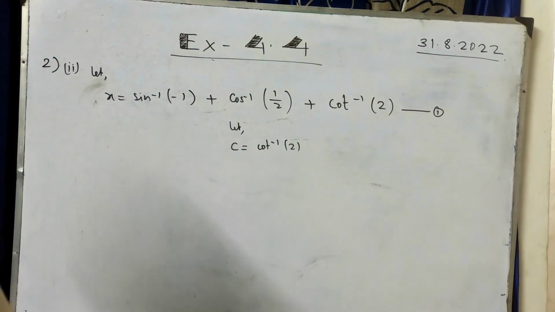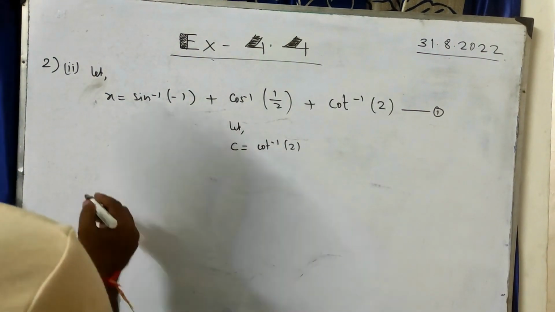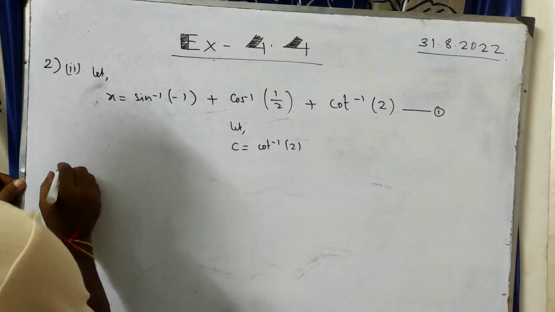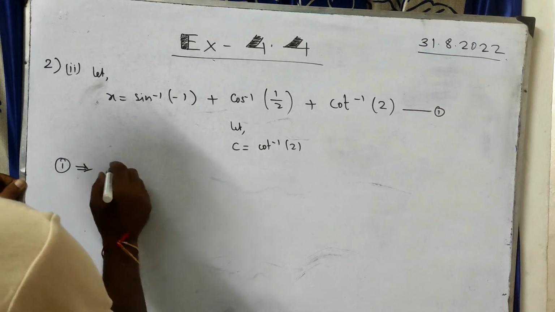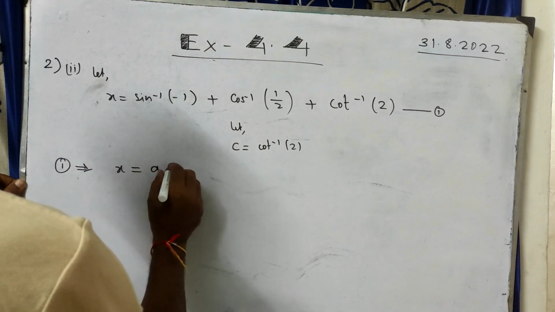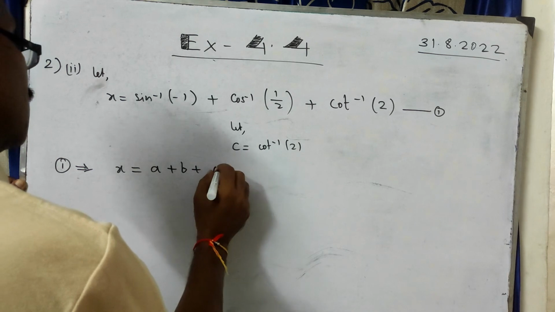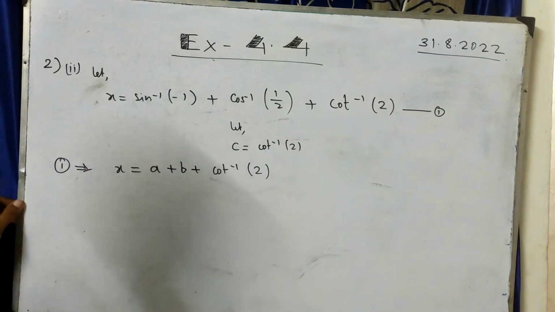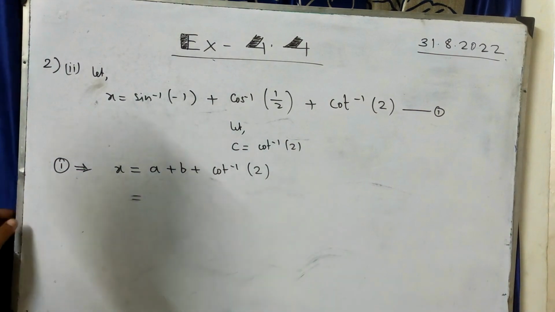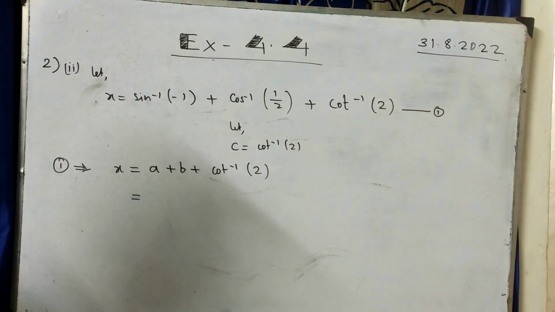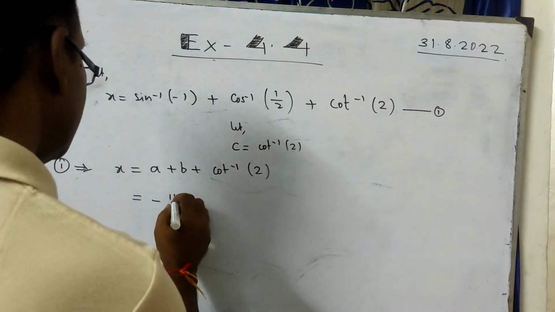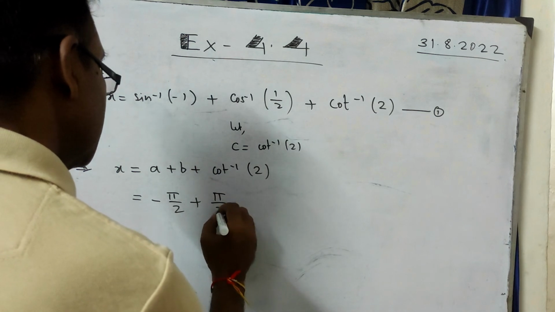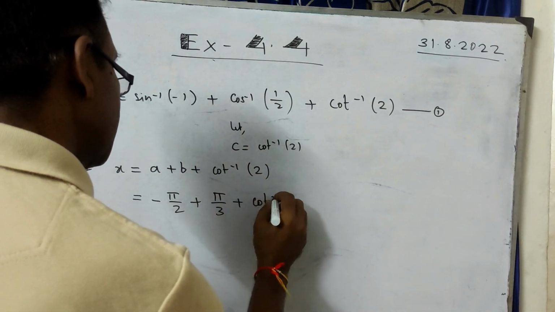So from equation 1, x is equal to a plus b plus cot inverse 2, because we are not getting any standard value for c. A how much did we get? Minus pi by 2. Plus b is pi by 3, plus cot inverse 2, right?